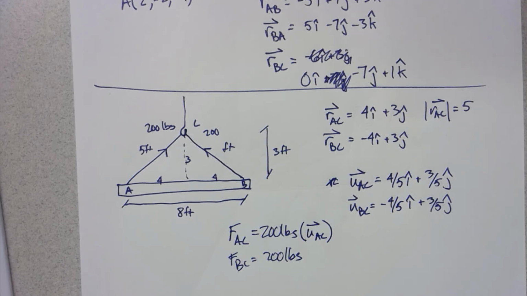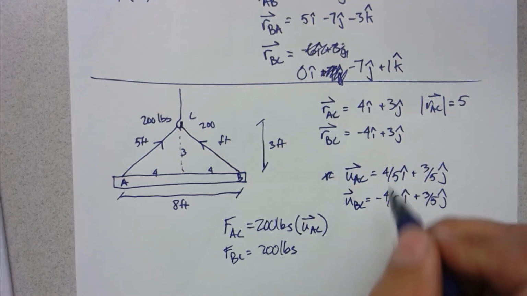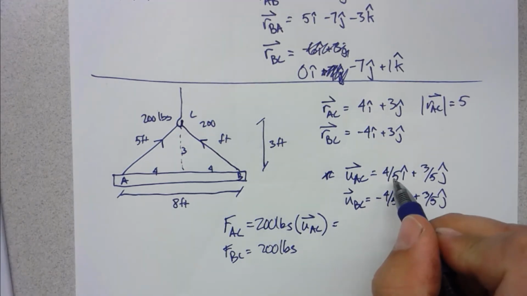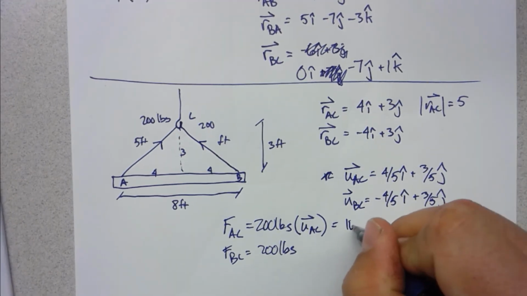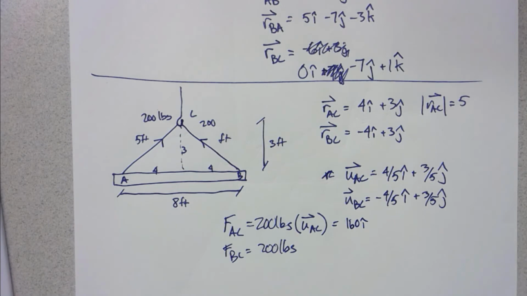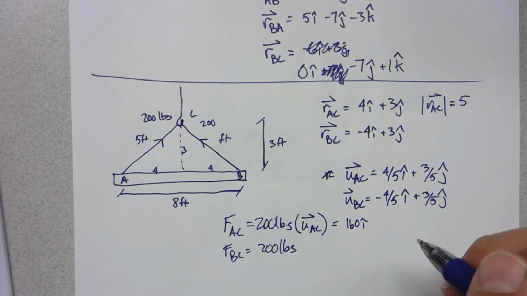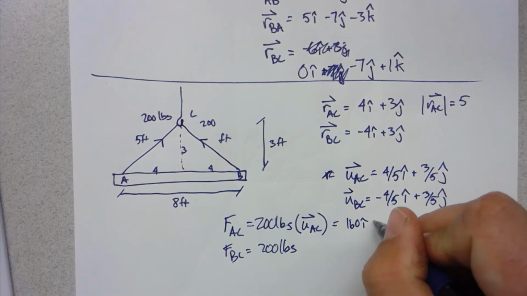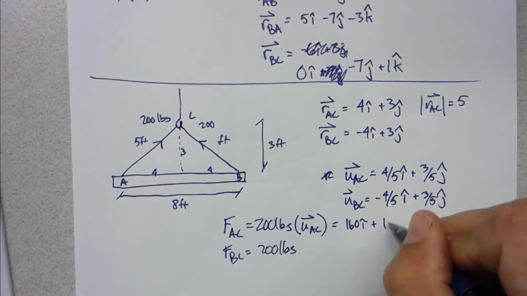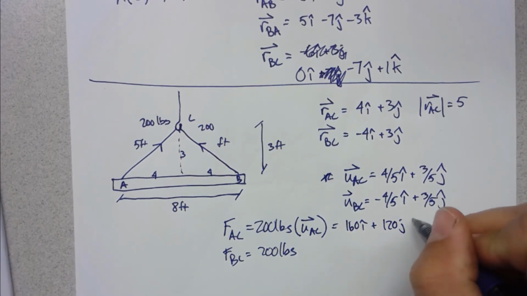So when we do that, 200 times 4/5, I'm pretty sure that's 160 i hat. And times 3/5, what's that? That'd be, oh gosh, 120. Thank you. Plus 120 j hat pounds.